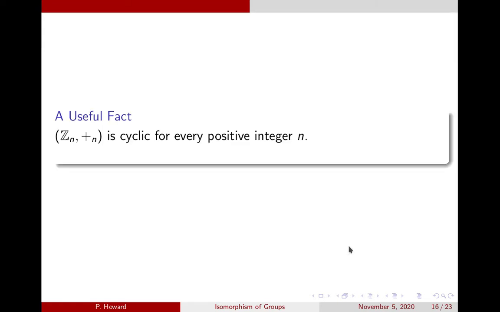And now here is a useful fact. This will come up in the problems that you will be doing. For any positive integer n, Z sub n with the operation plus sub n is cyclic. Z sub n is the cyclic subgroup generated by the number 1.